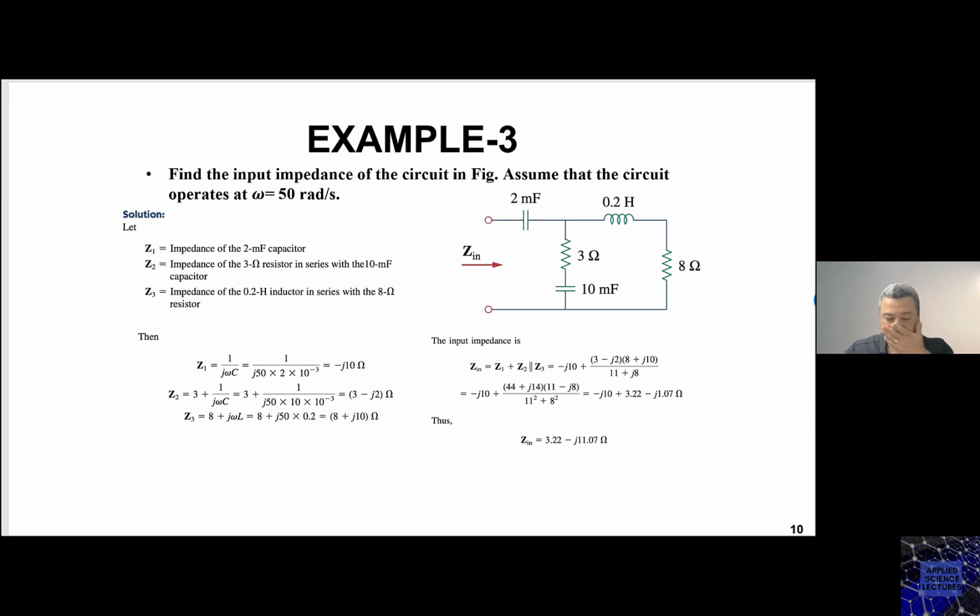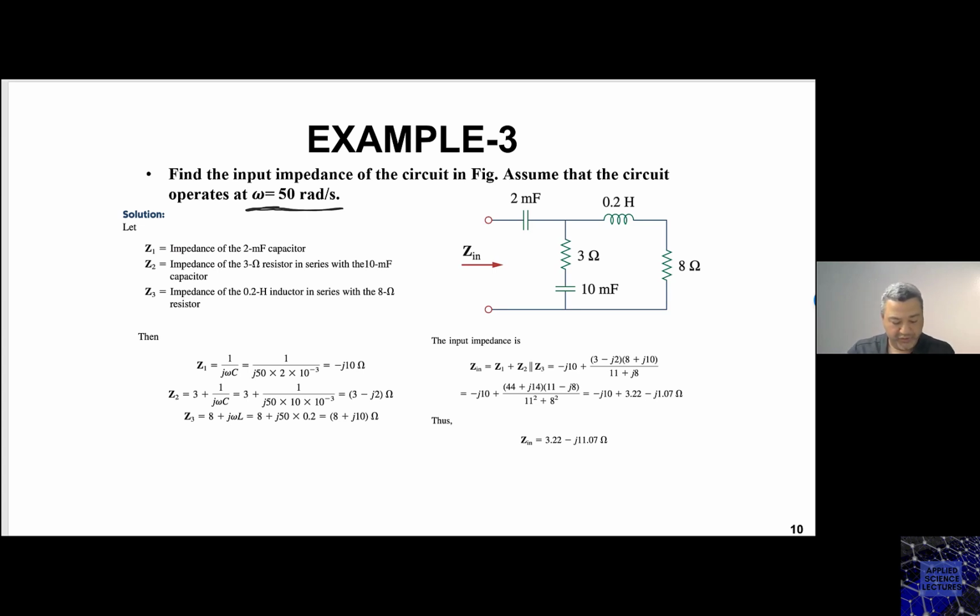Okay, so here in this example we need to find the input impedance. He gave you the frequency, the angular frequency omega, because you need this in finding the exact impedance for the capacitor and the inductor. Remember, we said capacitors and inductors are frequency dependent components.